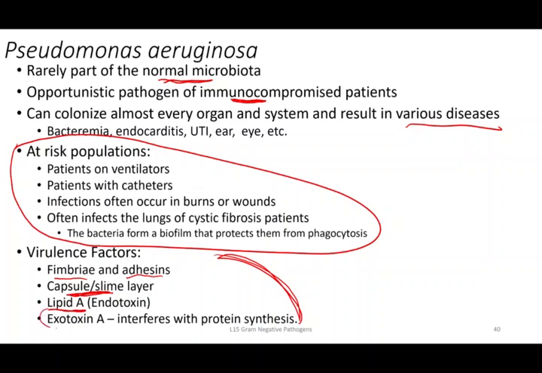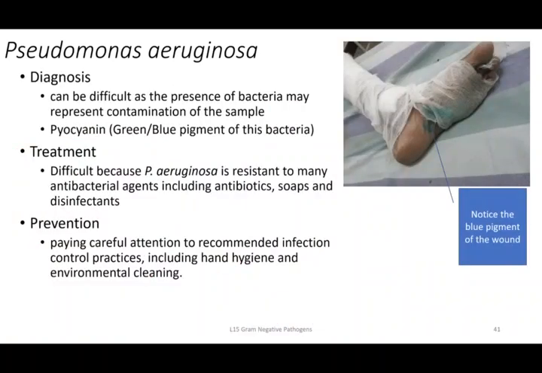And then some Pseudomonas can make this additional toxin, an exotoxin, that's going to inhibit protein synthesis, and that will effectively kill cells. So if a cell can't make a protein, that's going to be really problematic. So a lot of things that can disrupt the normal physiology of a human. And so there's a variety of things that it can lead to.